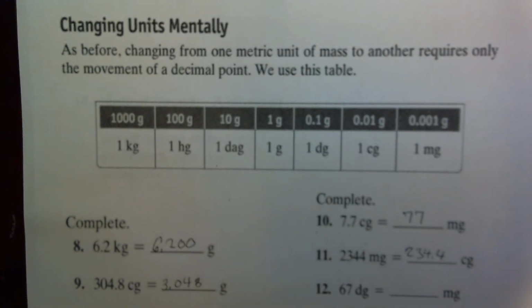And for number 12, we are converting from decigrams to milligrams. So decigrams to milligrams, we move the decimal 2 places to the right. There would then be 6,700 milligrams.